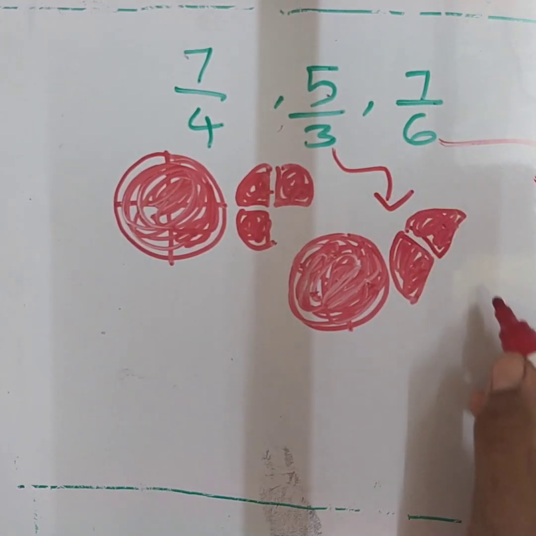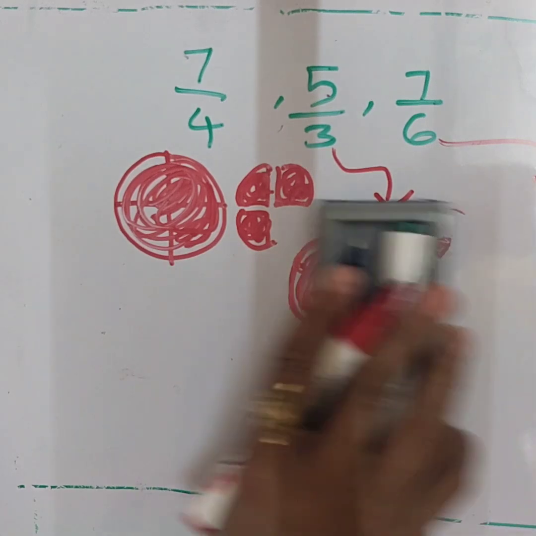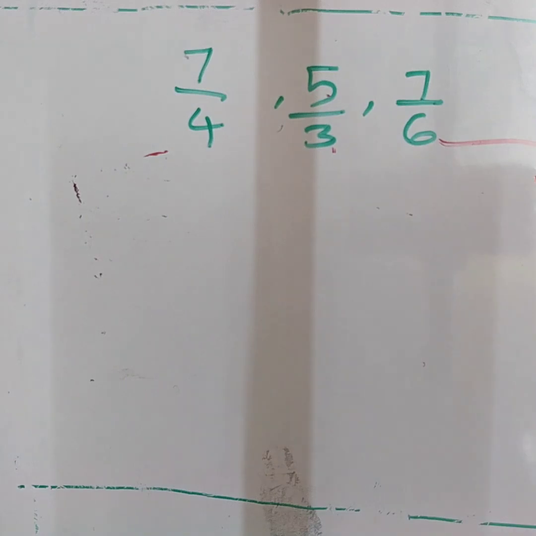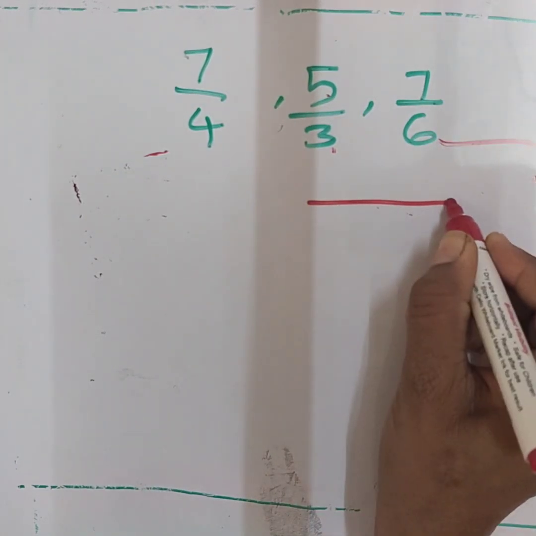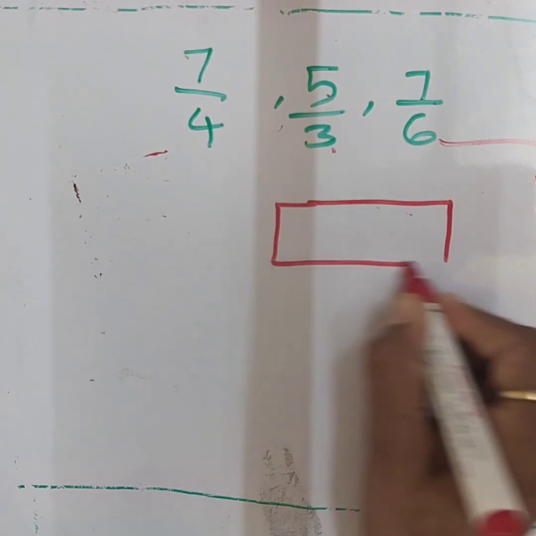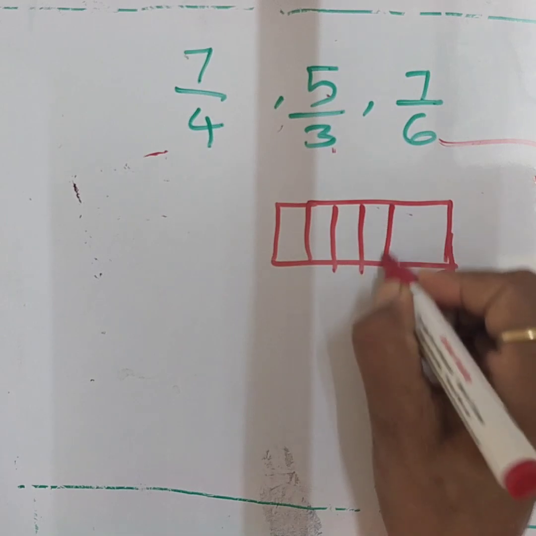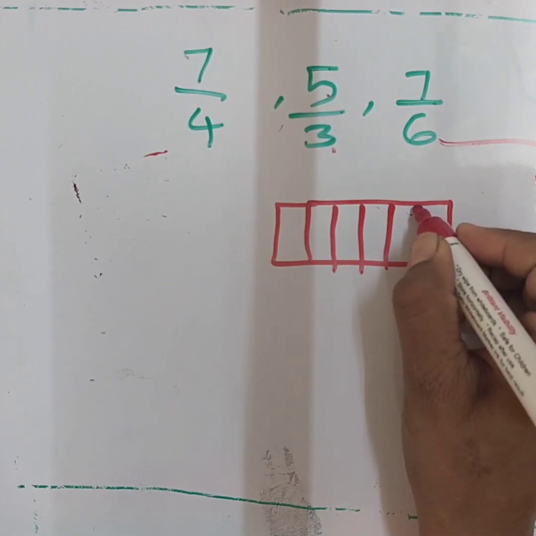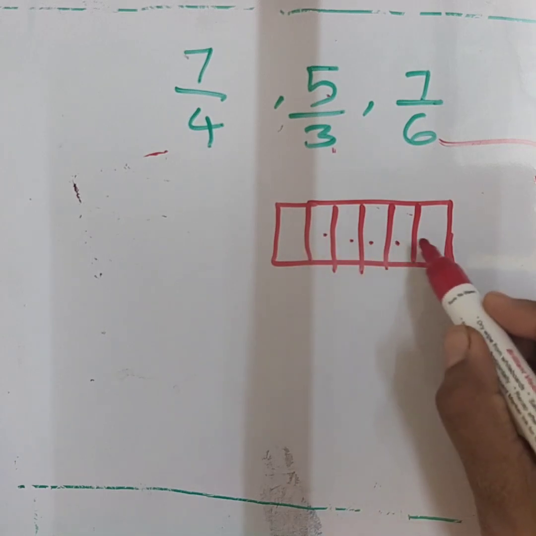And then 7 by 6. For 7 by 6, the denominator is 6. So I am going to take a rectangle. If we draw 5 lines, we will get 6 pieces: 1, 2, 3, 4, 5, 6.